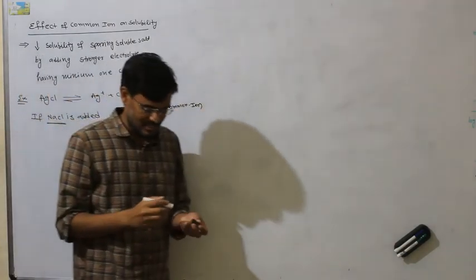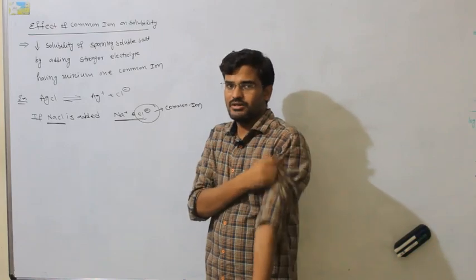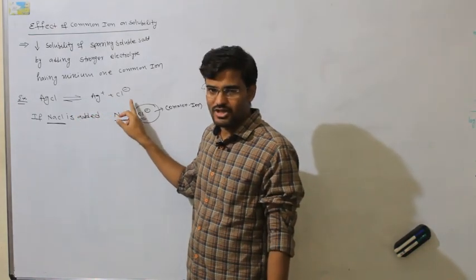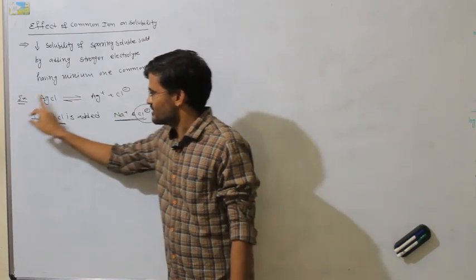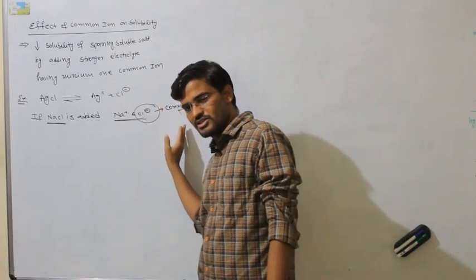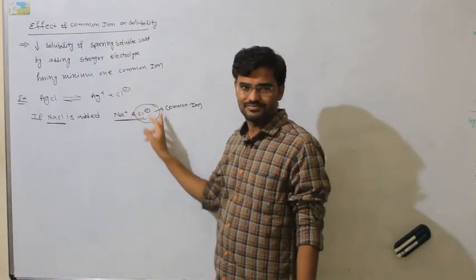Ionic equilibrium, Le Chatelier's principle we have discussed. According to Le Chatelier's principle, at equilibrium, if the concentration of product increases, the reaction goes backward. If reactant increases, equilibrium will shift forward. So now I am adding Cl minus.